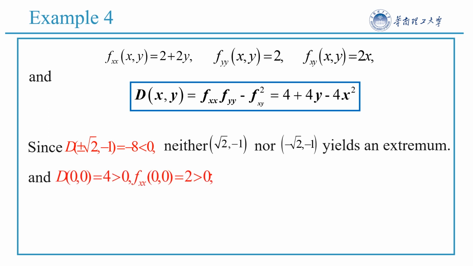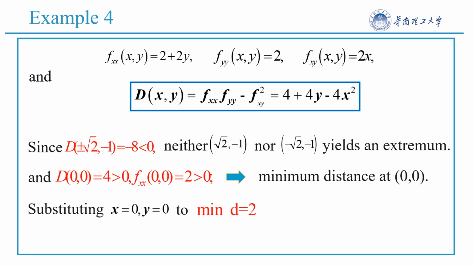And the value of capital D at (0, 0) is 4, larger than 0, and f_xx at (0, 0) is 2, larger than 0. So, the minimum value is f(0, 0). Therefore, the minimum distance is the root of f(0, 0), equaling 2.